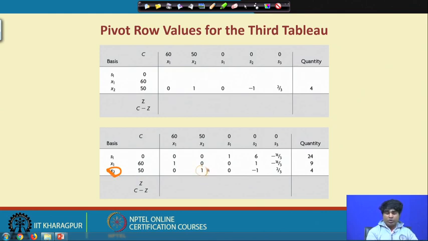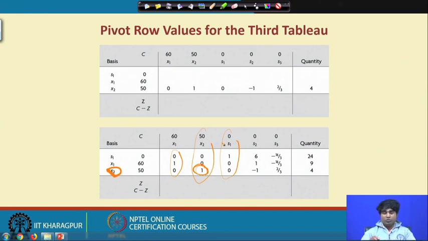So, by default the unit matrix position will be 1 here, and this is 0 1 0 already, and this will be 0 0 1. In fact, s 1 is now changed between the first iteration and the second iteration.